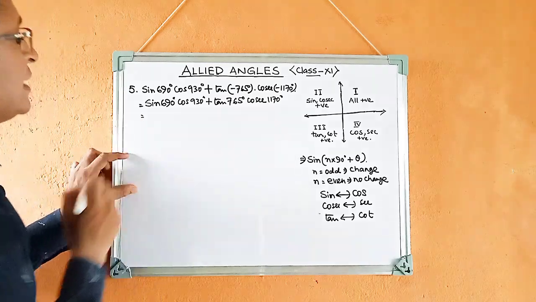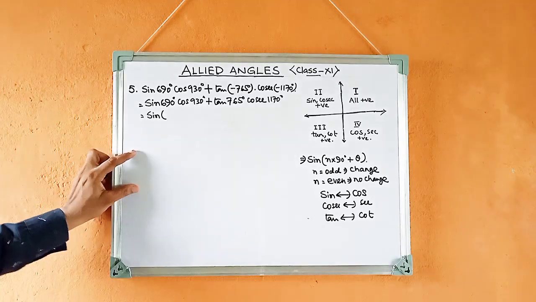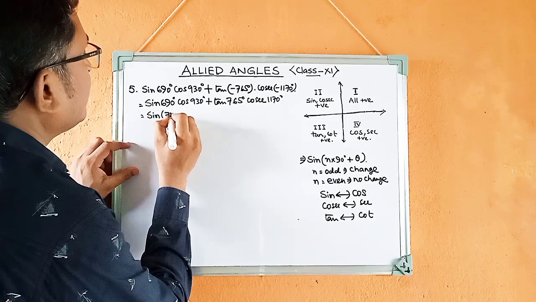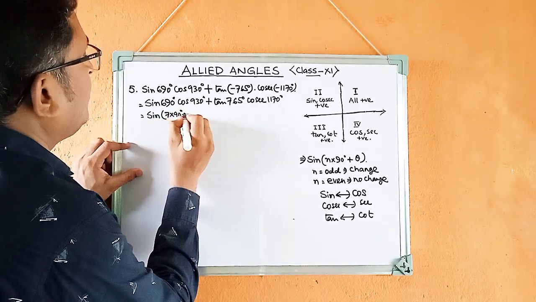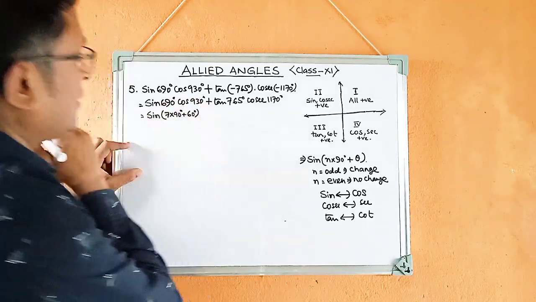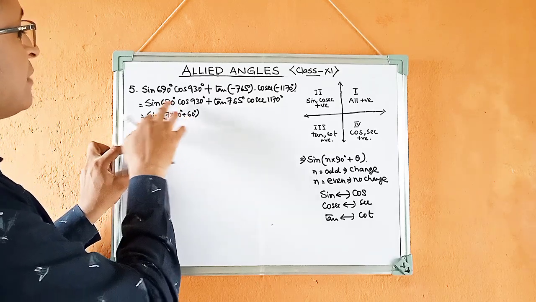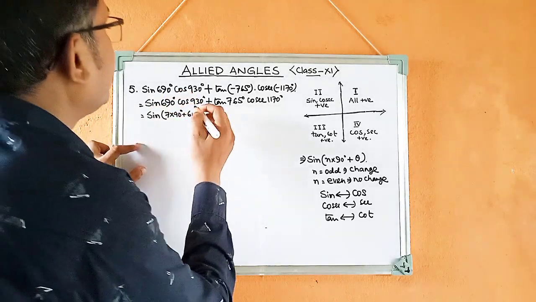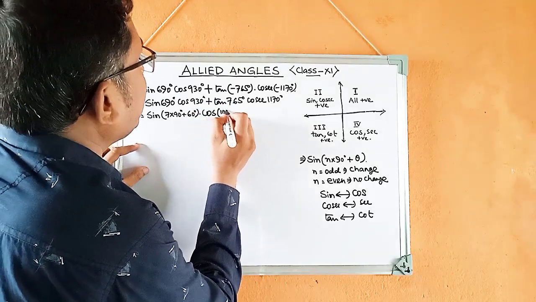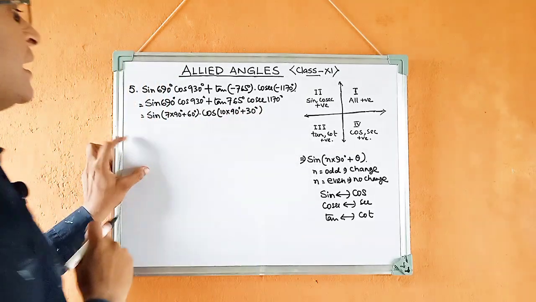Now see sine 690 degree. That means 7 into 90 degree plus 60 degree. 7 nines are 630, 630 plus 60 means 690 degree. Now 930 degree: cos of 10 into 90, that means 900, plus 30 degree, we get 930 degree.